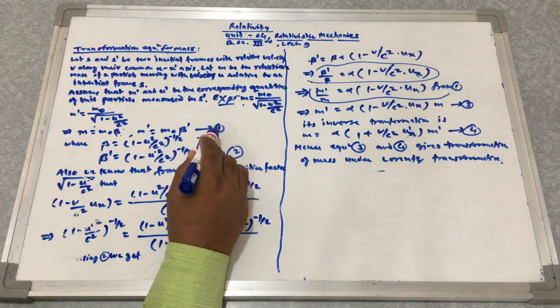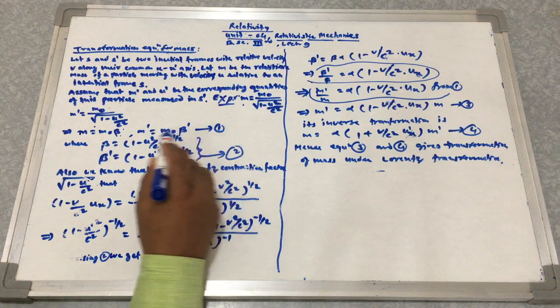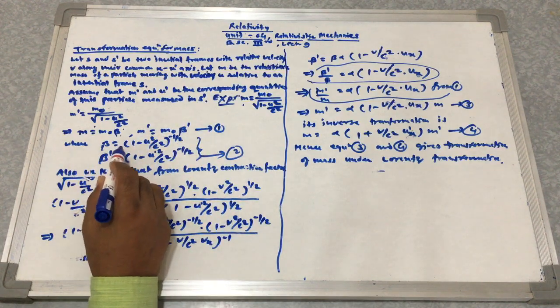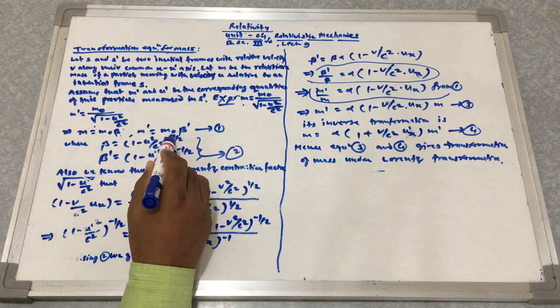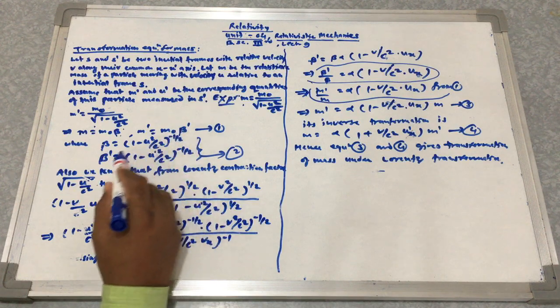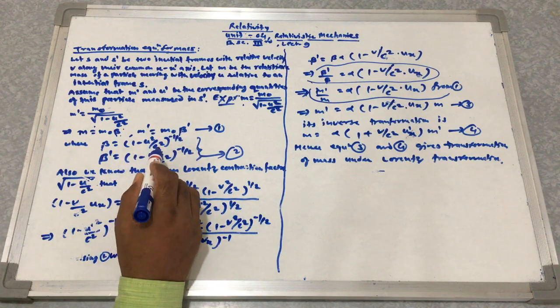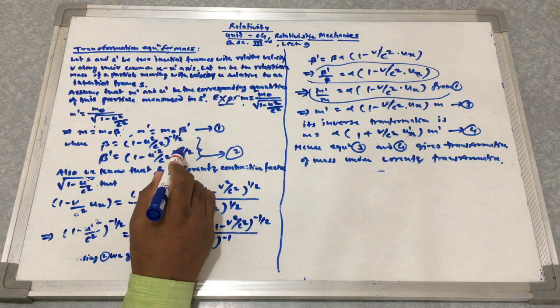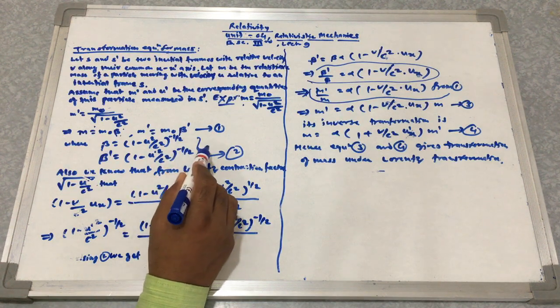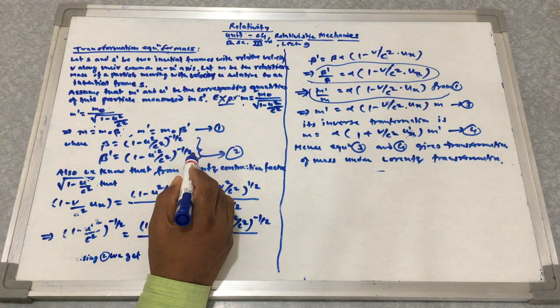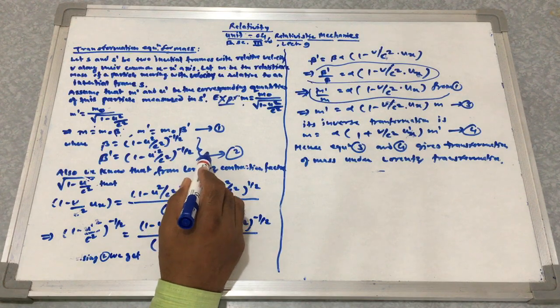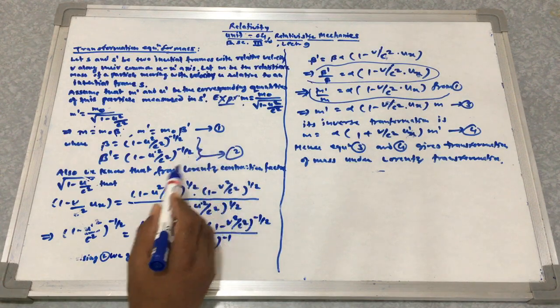This is expression number 1. So beta is equal to 1 minus u square upon c square raised to minus half, and beta dash is equal to 1 minus u dash square upon c square raised to minus half. This is the second equation.